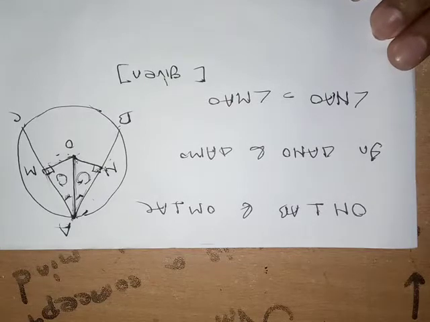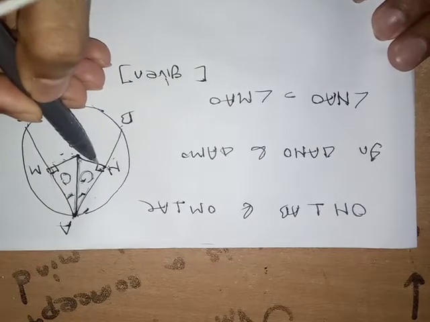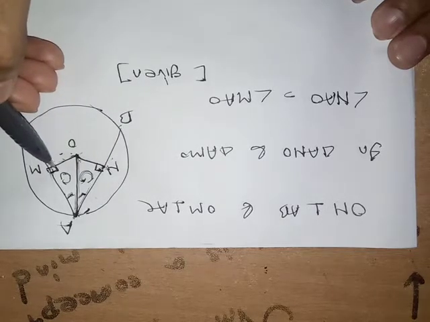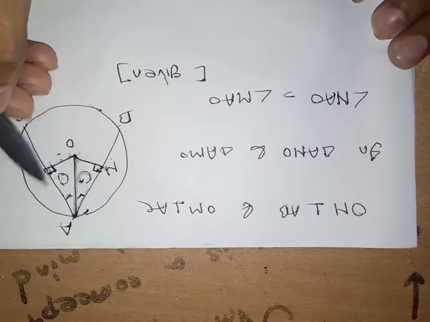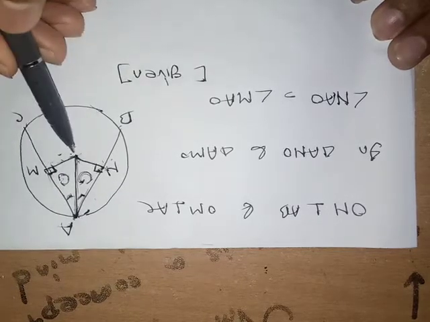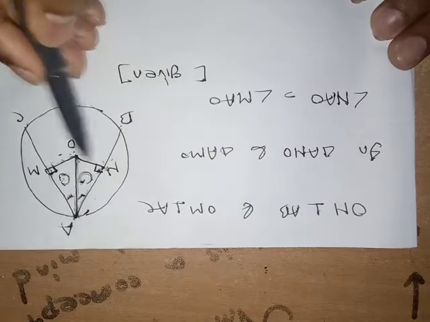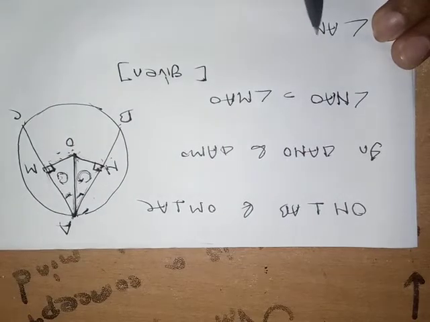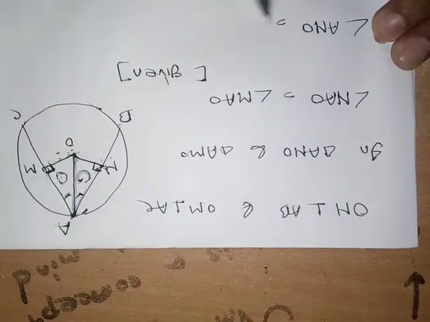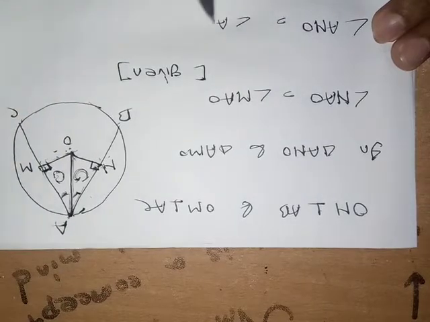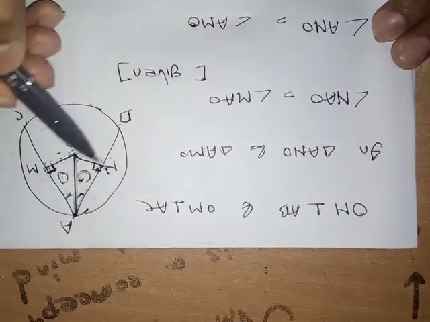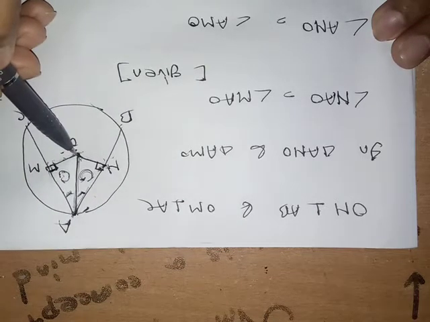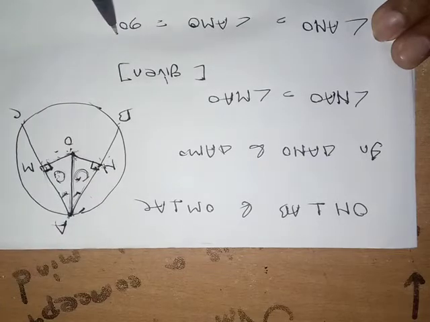And this angle is equal to 90 degrees in this triangle, and this angle is also 90 degrees in this triangle. So we can say angle ANO is equal to angle AMO, which is equal to 90 degrees.